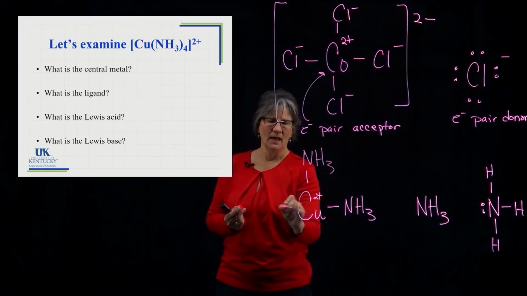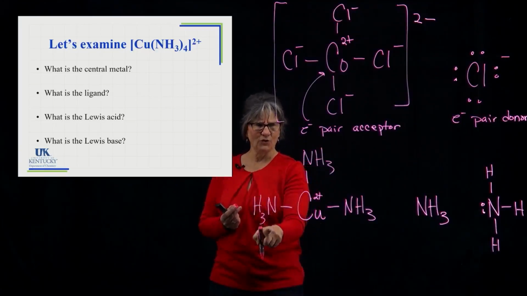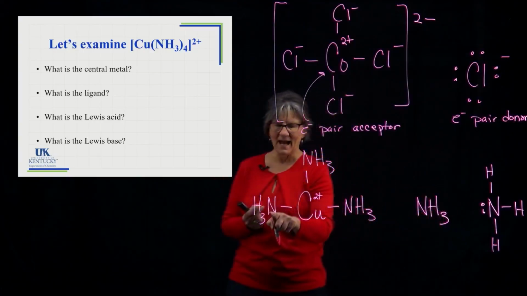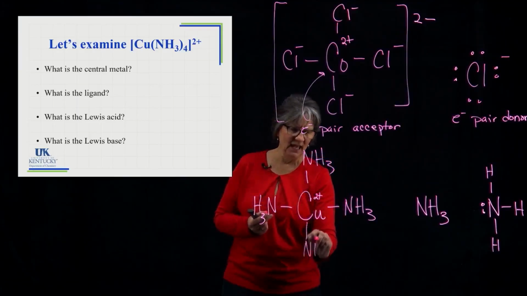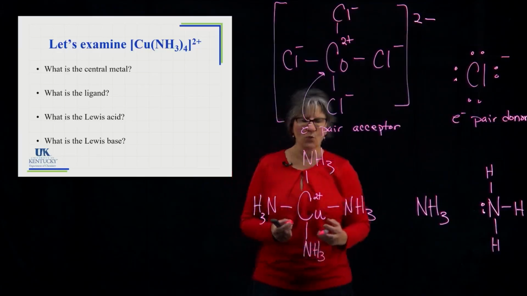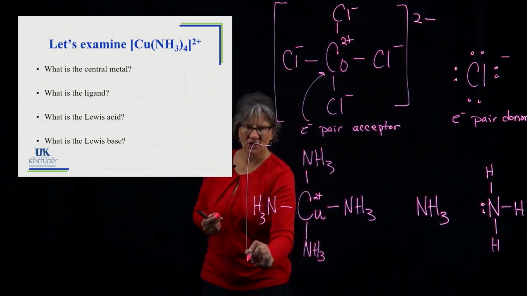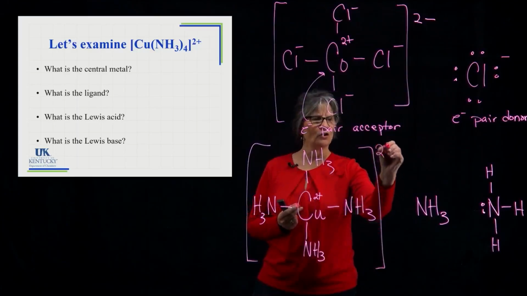NH3, NH3. Now I wrote my NH3 backwards. Why? It's because the nitrogen has the lone pair. It's the nitrogen that's connected to the copper. And then NH3. So we have formed a complex ion. We would finish it off with square brackets and give it its overall charge.